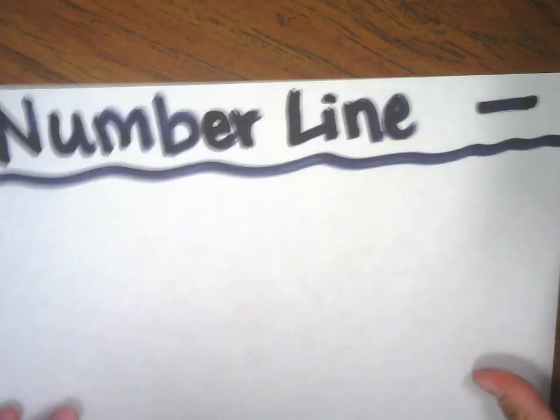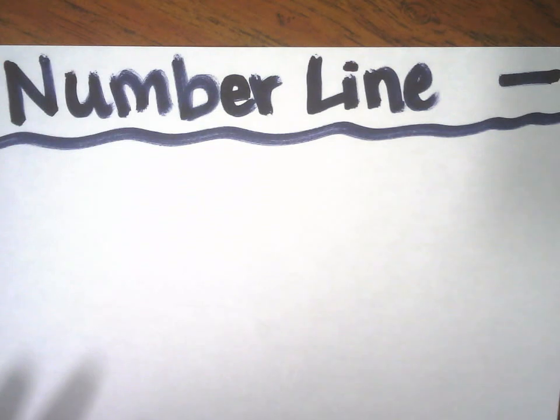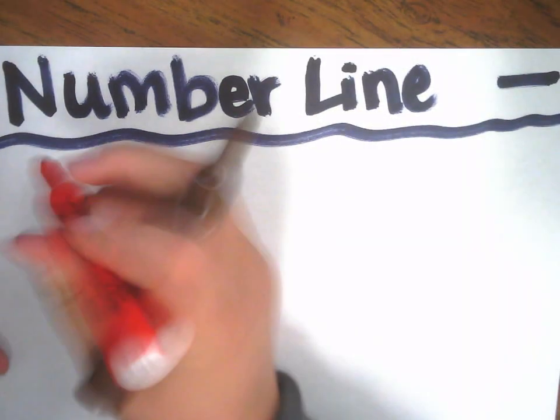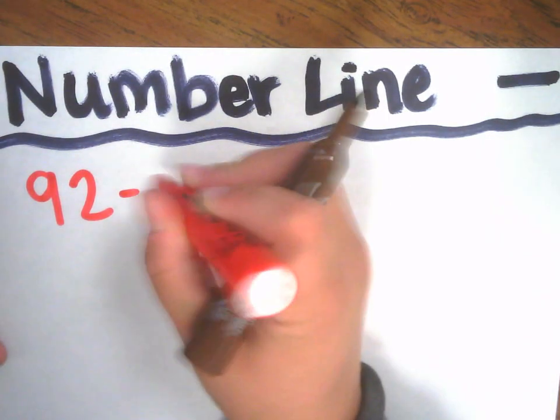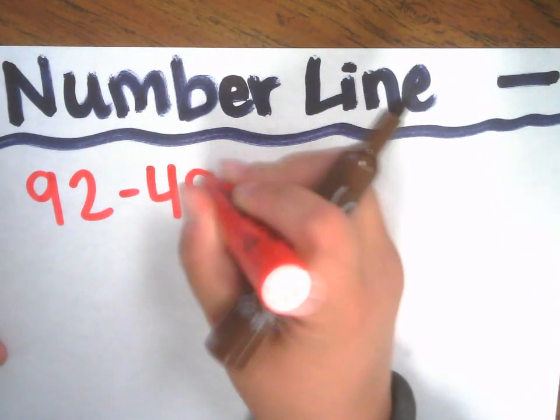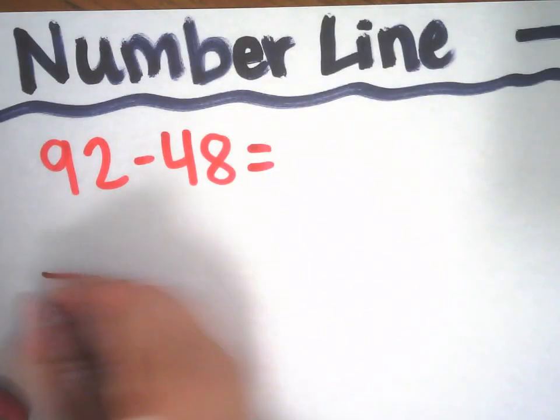All right, number line. This is just the normal number line. You just draw a line and do your problems. So we will do 92 minus 48. And I'm going to just draw a line.